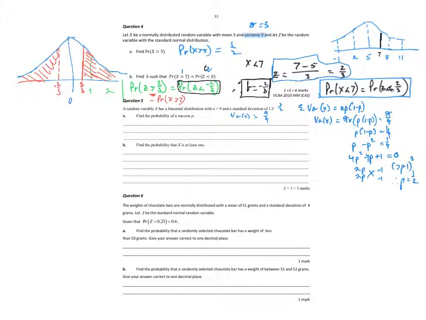Okay? Hence, find the probability that X is at least 1. So this was from our binomial, wasn't it? Probability that X is greater than or equal to 1 is 1 minus the probability that X is equal to 0, which is 1 minus 9C0, 0 successes, times 9 failures, which is equal to 1 minus 1/2 to the power of 9.